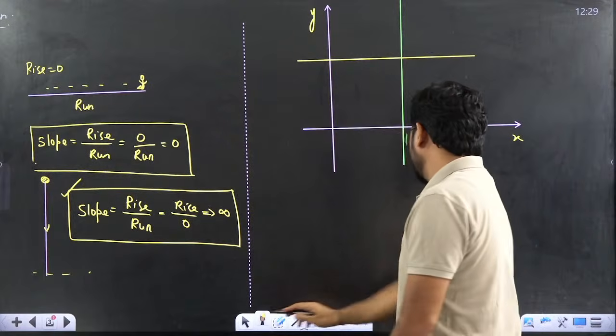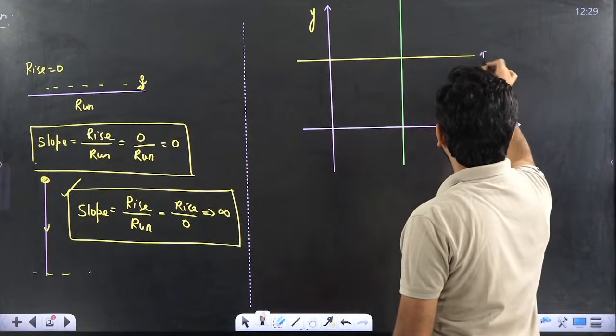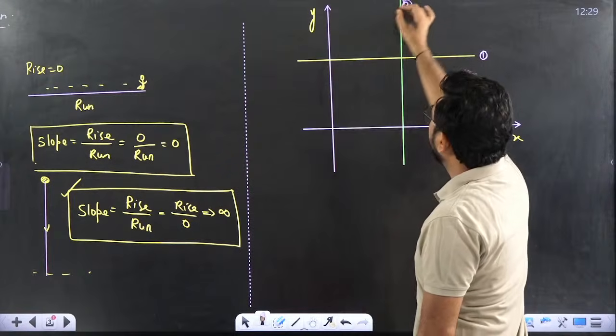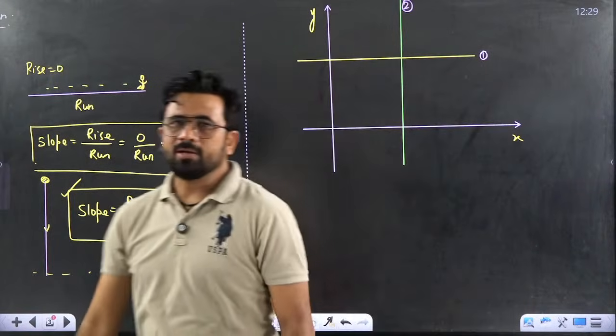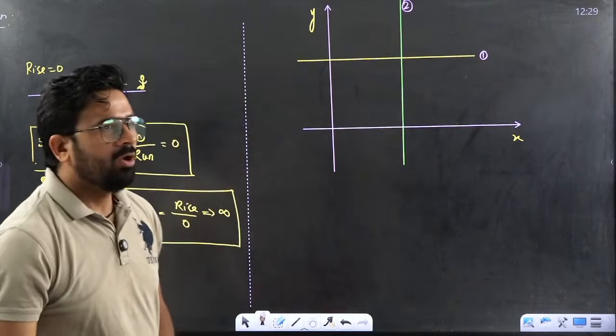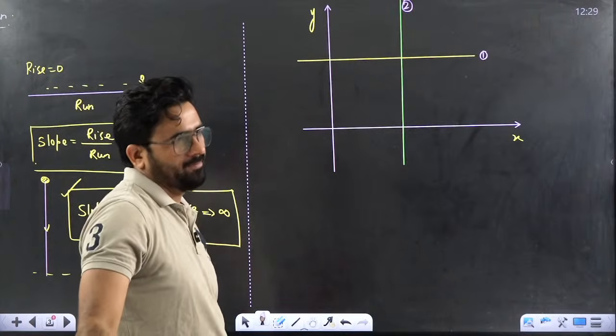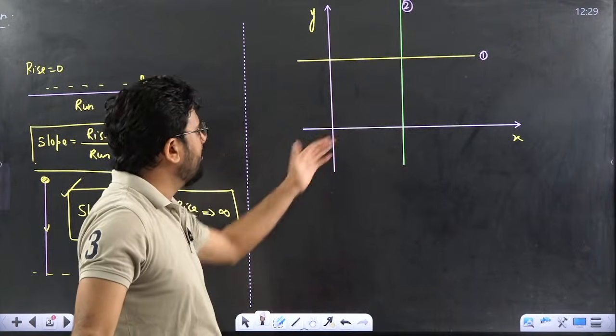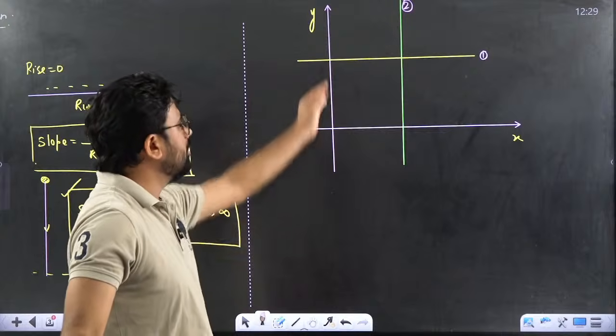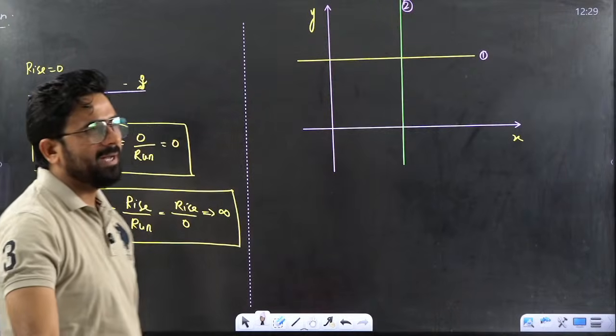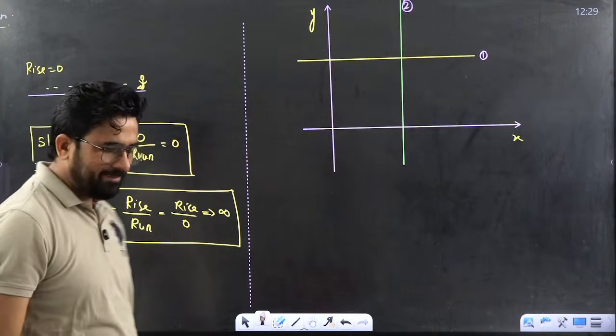So the first line is here, and the second line is here. My question is, what is the slope for the first line? What is the slope for the second line? Please everyone reply to this.